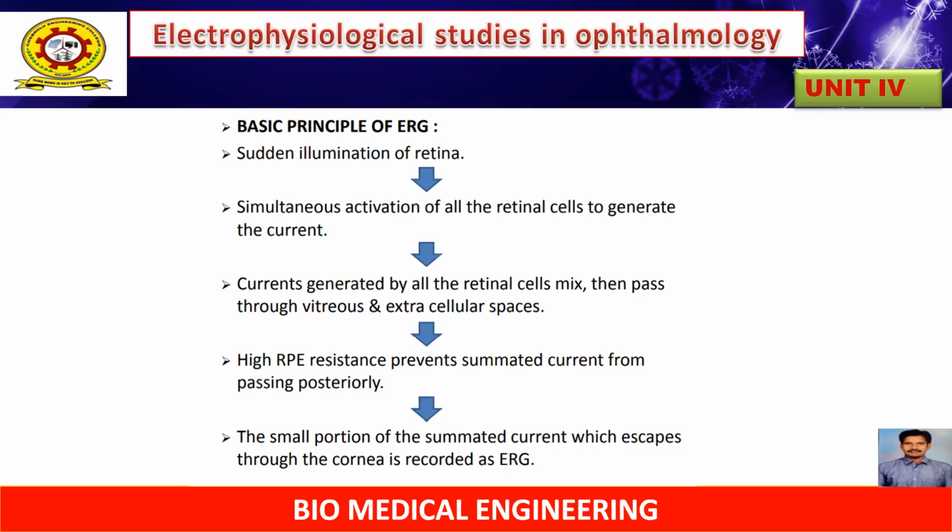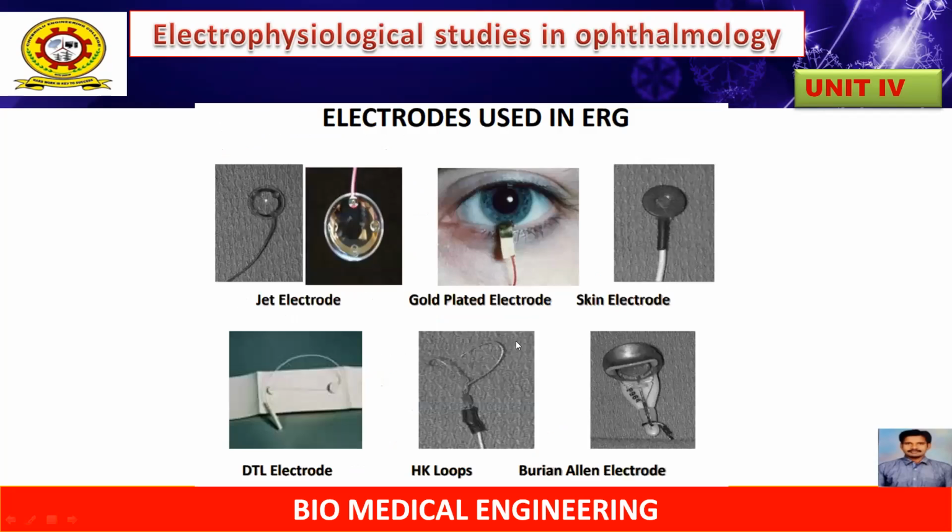So whatever currents are generated by these optic nerves, the resultant currents are able to escape through the cornea, and that should be recorded as the ERG. So in this way, finally our resultant voltages are observed in the ERG pattern after successful treatment like this.